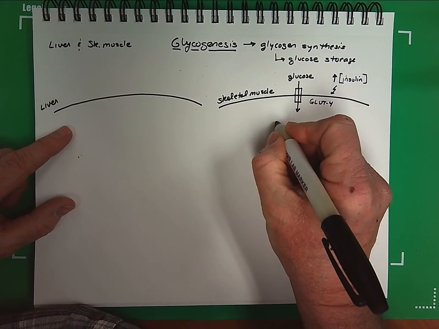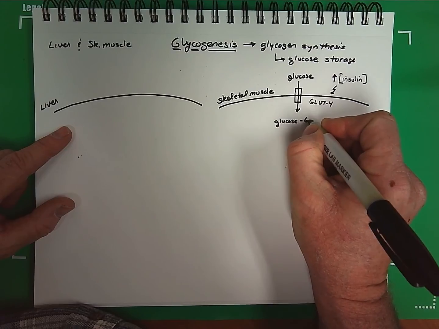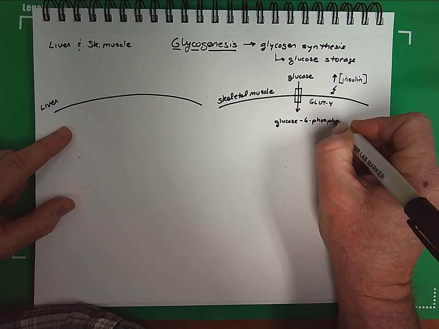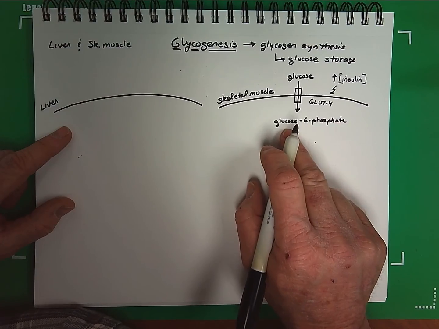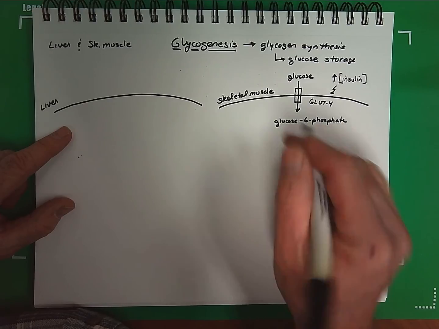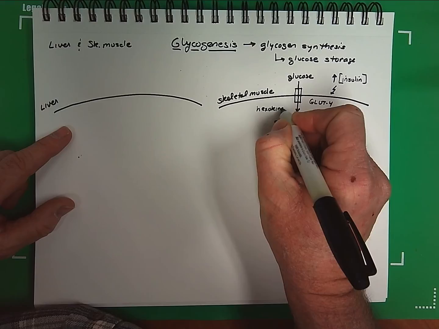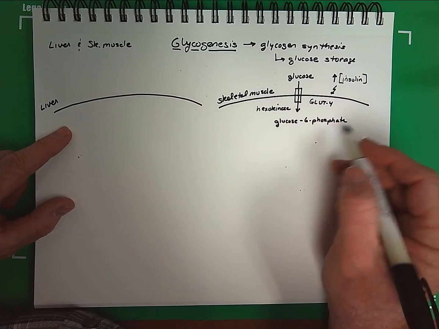Now recall the first reaction that occurs once glucose enters the cell is the phosphorylation of glucose on the number 6 carbon to form glucose 6-phosphate. Recall the enzyme that does this is hexokinase. Hexokinase, of course, is the enzyme paired with GLUT4.